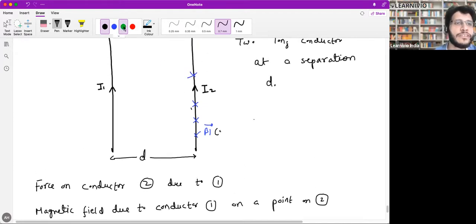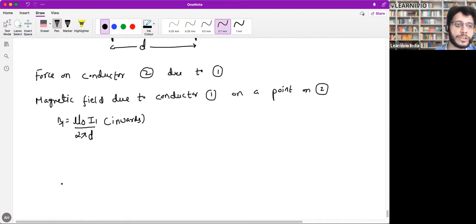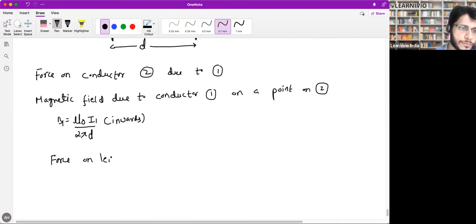Now, I'm considering a section of conductor 2 of length L. I need force on this length L of conductor 2 due to 1.